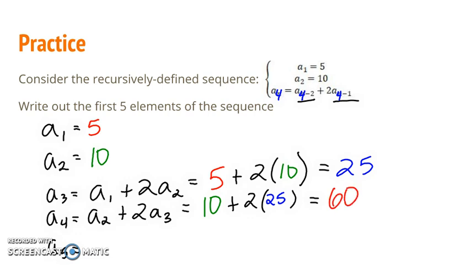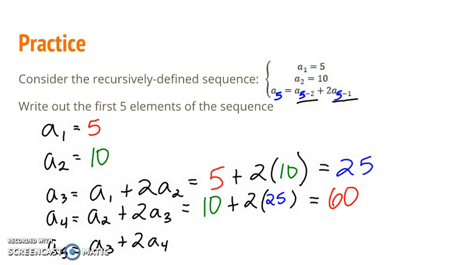And then my last one, I've got a sub 5. That's a sub 5 minus 2 and a sub 5 minus 1. 5 minus 2 gives me 3, so that's a sub 3 plus 2 times a sub 4, because 5 minus 1 gives me 4.